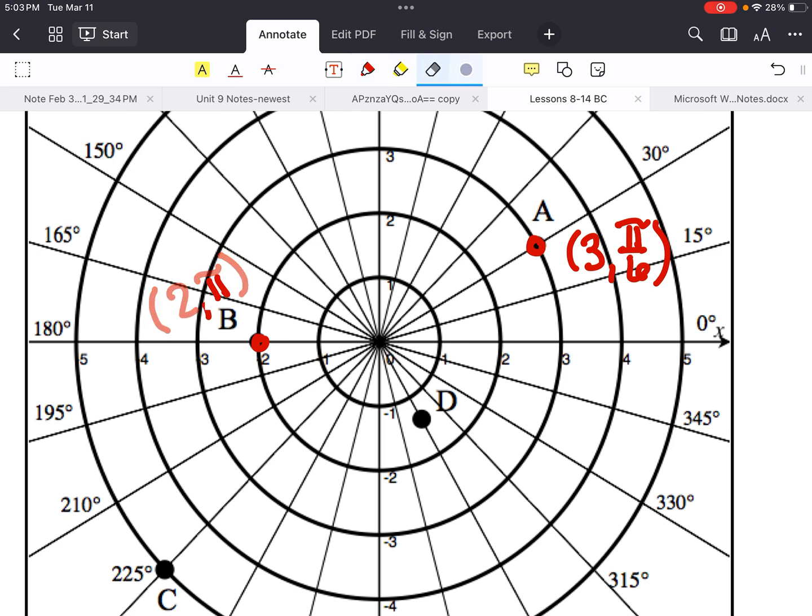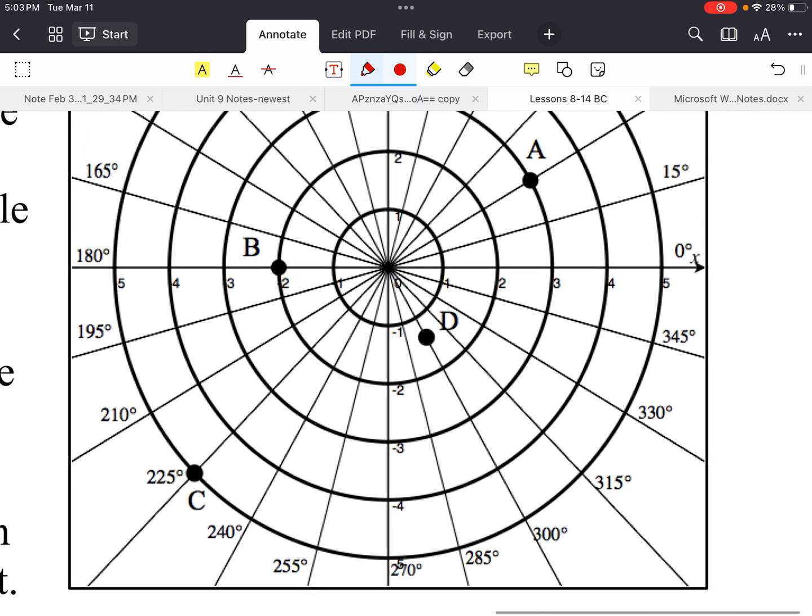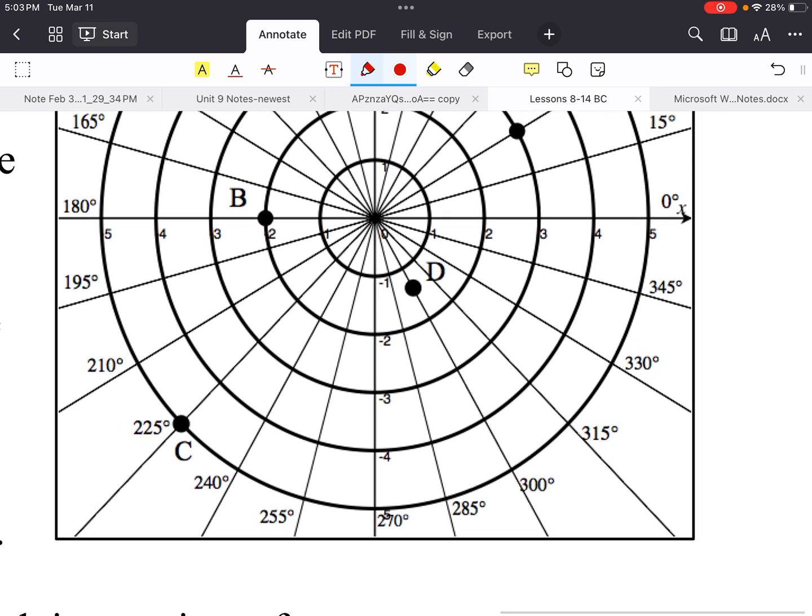There are other options too, though, because we could also go like a negative direction. So we know in trig we had positive angles and negative angles. So like this point C, I could name it 5, 5 pi over 4.